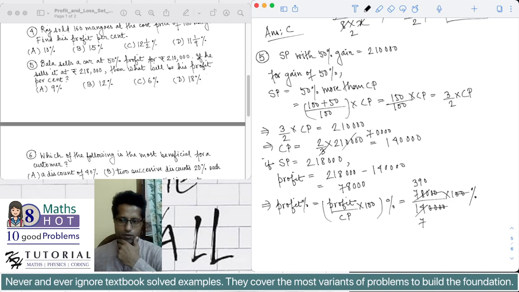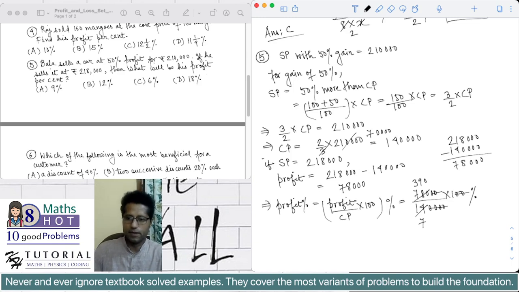Cost price is 1,40,000. Now if the sale price becomes 2,18,000, the profit becomes 2,18,000 minus 1,40,000, which is 78,000.